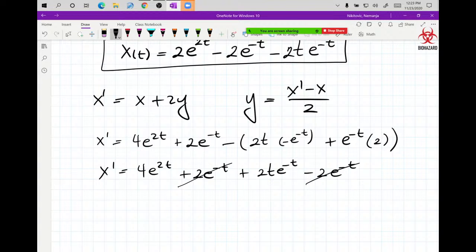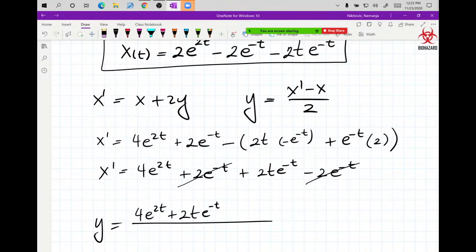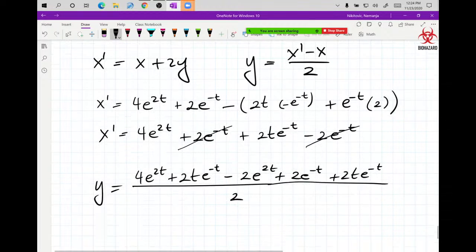So your y is 4e to the 2t plus 2te to the negative t. That's your x prime, sorry. Subtract x, so minus 2e to the 2t plus 2e to the minus t and plus 2te to the negative t, and all of this divided by 2.